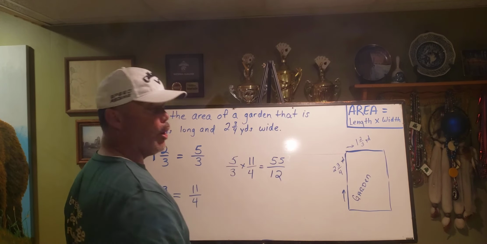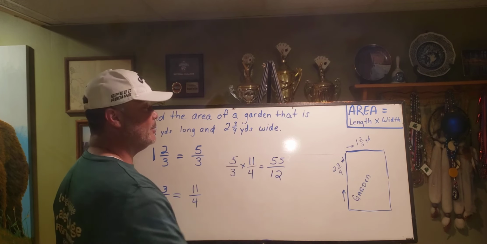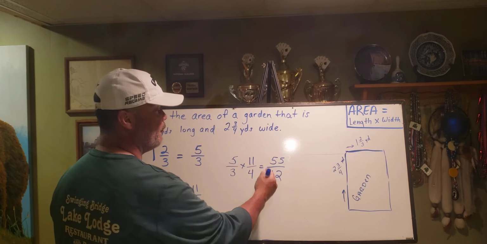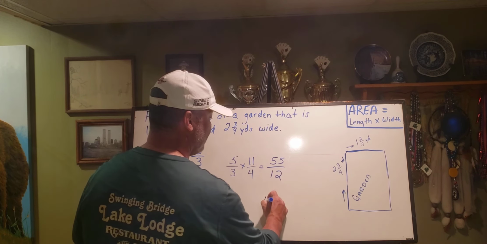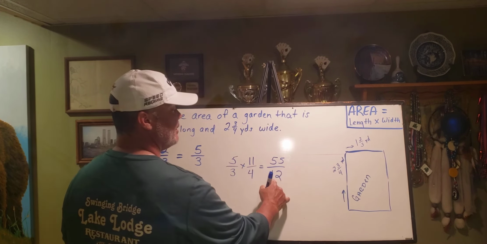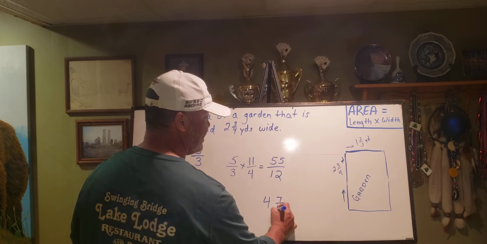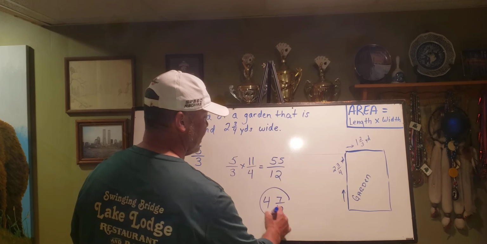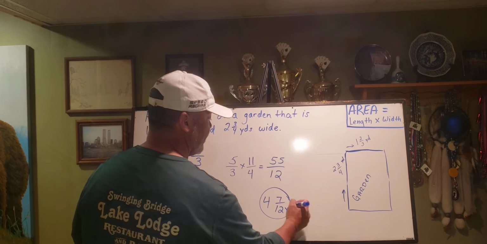Now I have a larger improper fraction, so I need to know my multiplication tables. I can divide. 4 times 12 is 48. So I know that would give me 4 wholes. I would take 48 from 55, and that would be 7. And I still get 4 and 7/12 yards squared.